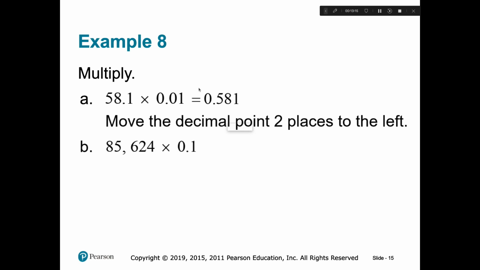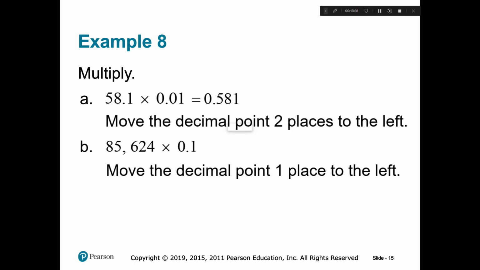Here's our next one. How many numbers are behind the decimal point in what we're multiplying by? 1. So how many places am I moving my decimal? 1 to the left or right? To the left. 8,562 and 4/10.